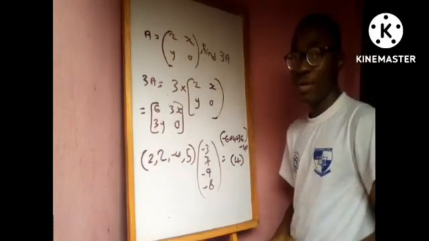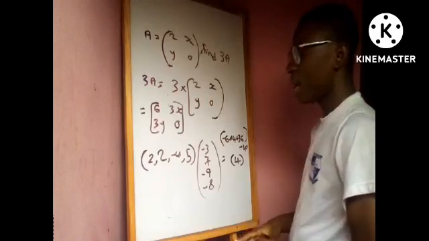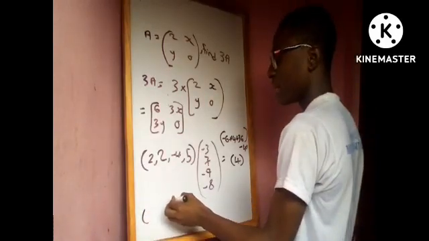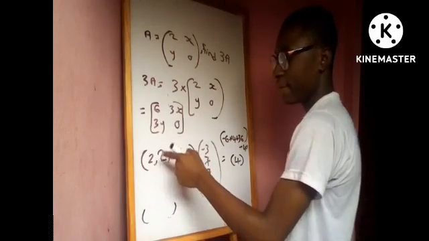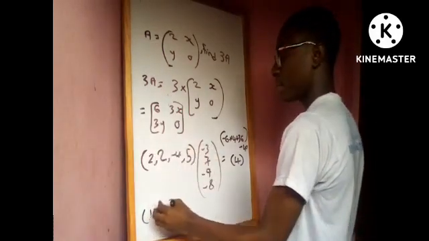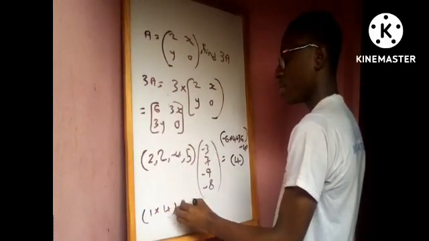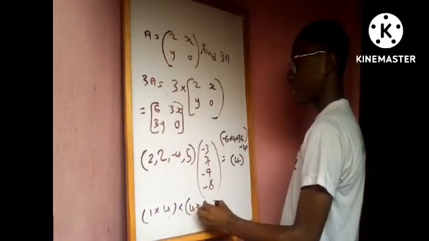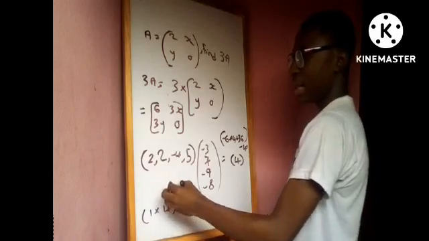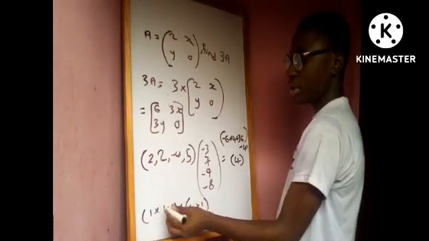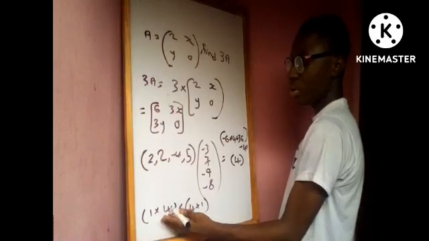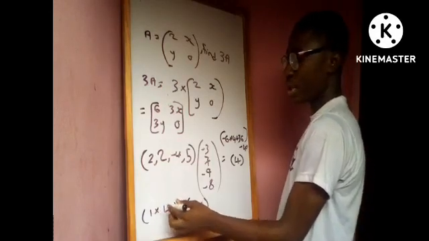If you are not sure which kind of matrix you will have, just name the matrices. For the first matrix, this is a 1 by 4 matrix. For the second one, this is a 4 by 1 matrix. The elements in the middle, the row and the column which match, you circle them out.